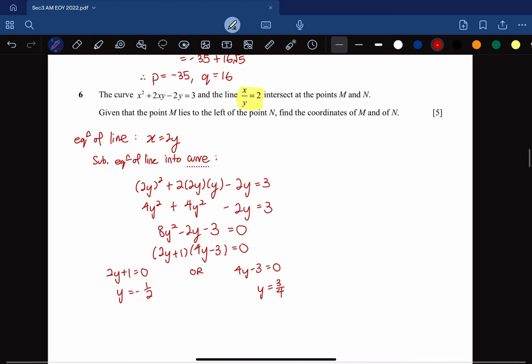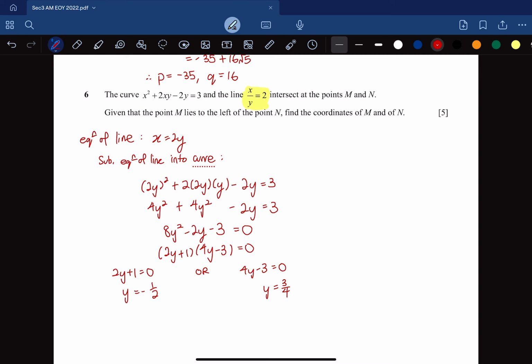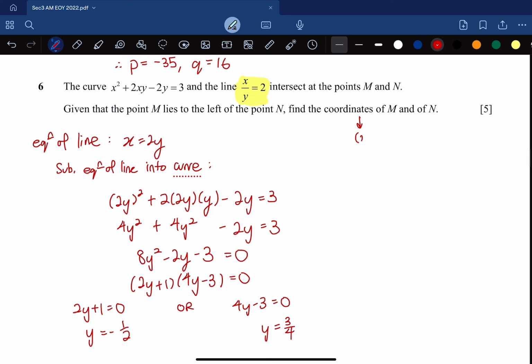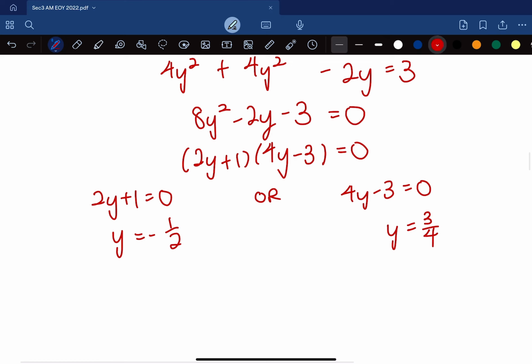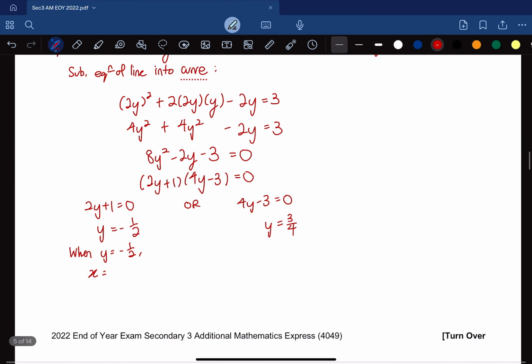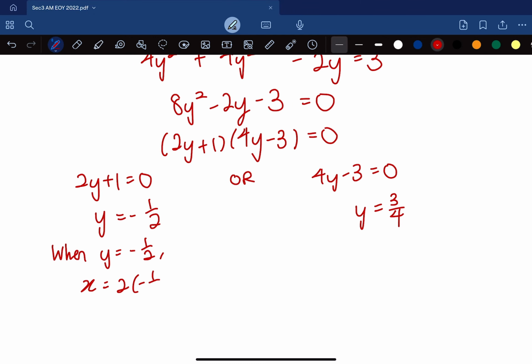But always remember from here, your question asks you to find the coordinates. Coordinates meaning that your answer should be in the form of x, comma y. So over here, once I find the y coordinate of the point of intersection, I just need to sub this back into the original equation of the line in order to find the x coordinate. So when y equals negative half, x is simply 2 times y, 2 times negative half, which gives me negative 1.